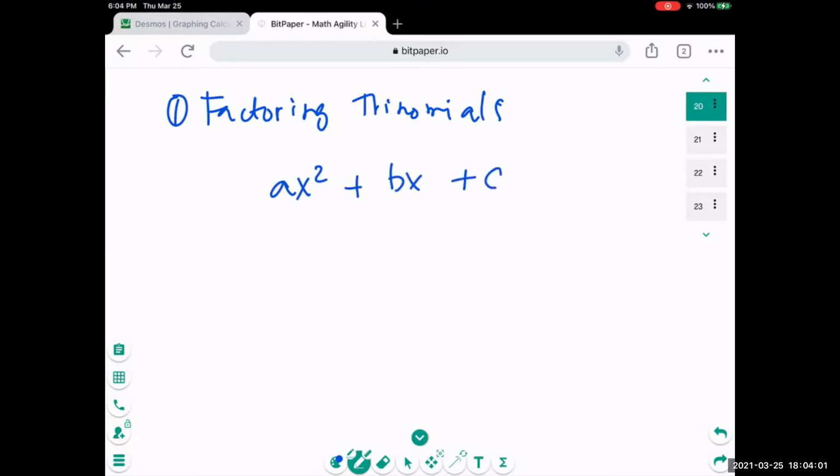Tonight we will be discussing four methods of factoring trinomials in this form of ax squared plus bx plus c. So the first method, let's put this as Roman numeral 1. That means this is our first part. And then number 1 will be our box method.